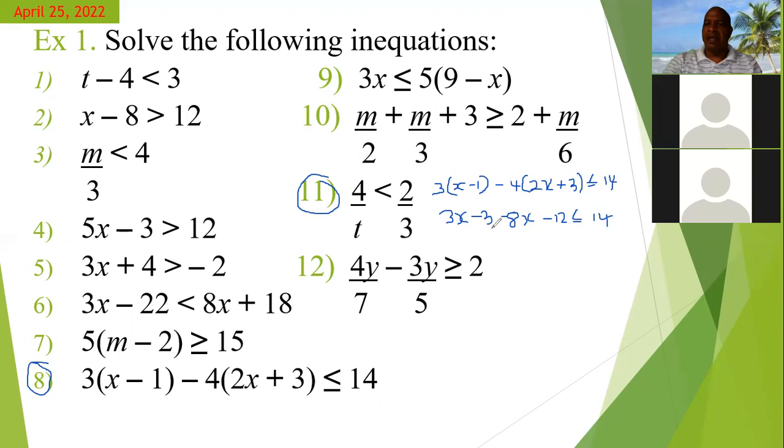Now we can keep the x's on the left side, bring all the numbers to the right. So we want to bring across -3 and bring across -12.